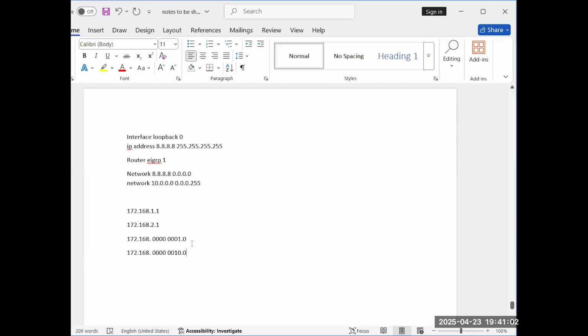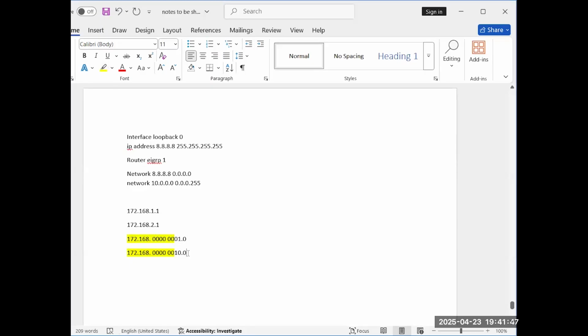172.168, this is what has been split up. So now the network bits till here are same, right? Till here it is same. Correct. So till here all are network bits only. Okay, here only the value is getting changed.